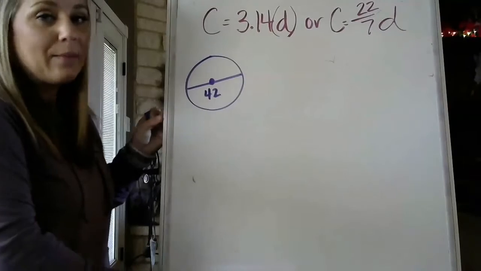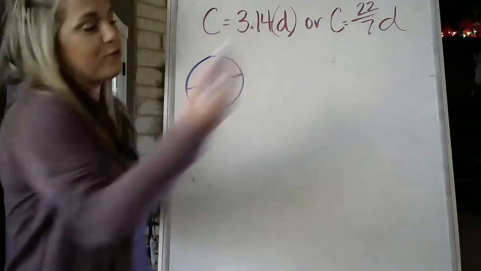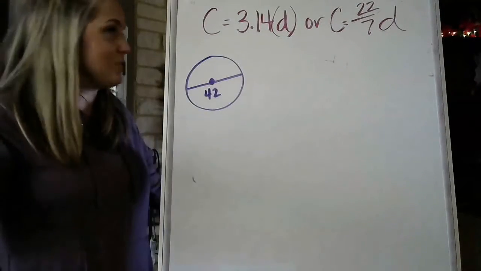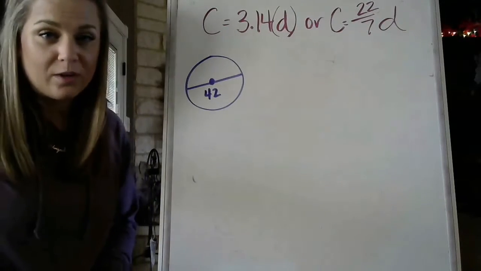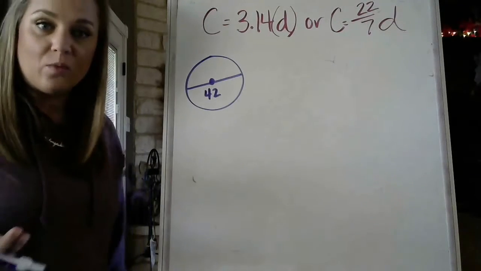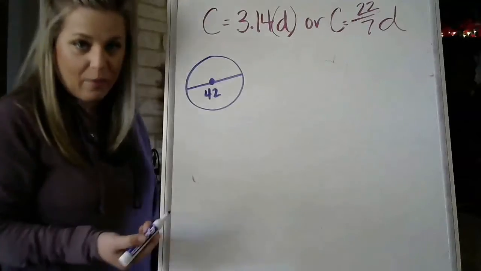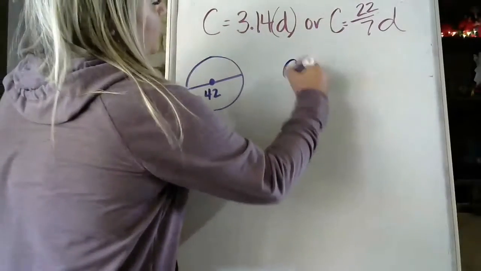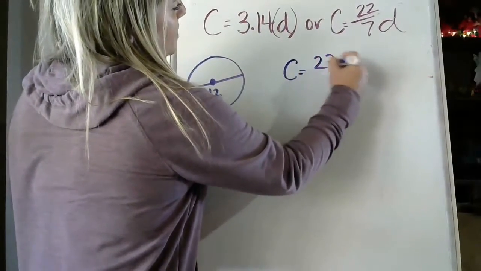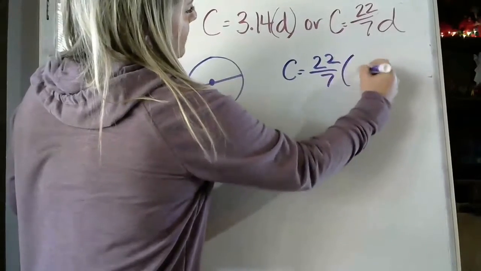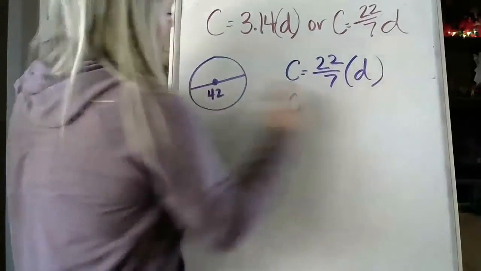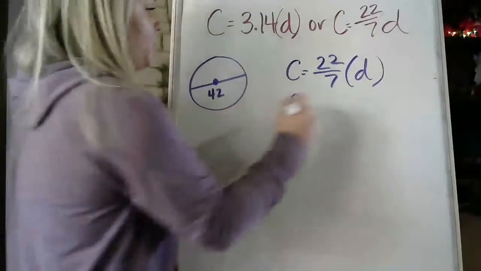All right, so I'm going to show you, I don't really prefer the fraction, the 22/7. That's just me. But I'm going to do the first one that way, in case there is someone out there that does prefer that way. Okay, so the circumference, like we said, is 22 over 7 times the diameter. My diameter here is 42.